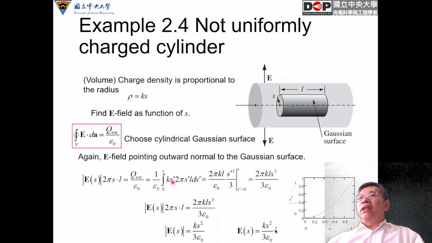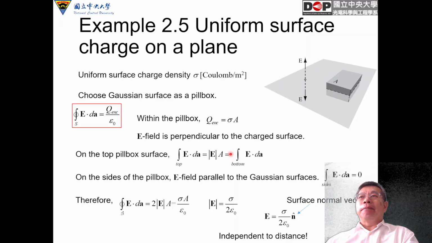The s prime part we always indicate as the source part. We just do it and get this result. Then, handling the equation, we know the electric field magnitude is this much, and we also know it is pointing out, so we put back the unit vector here. That's the idea.